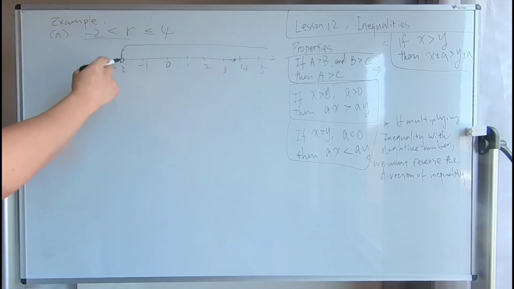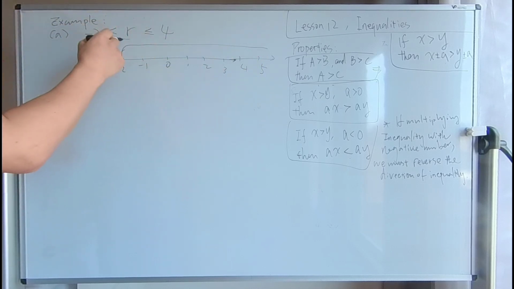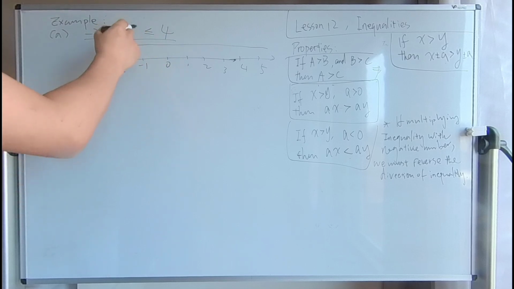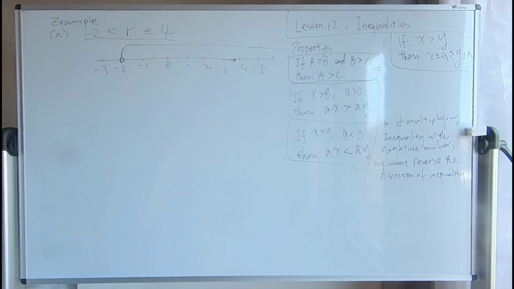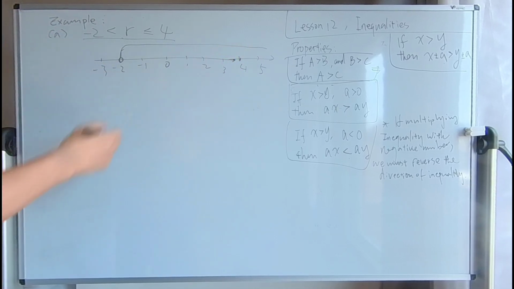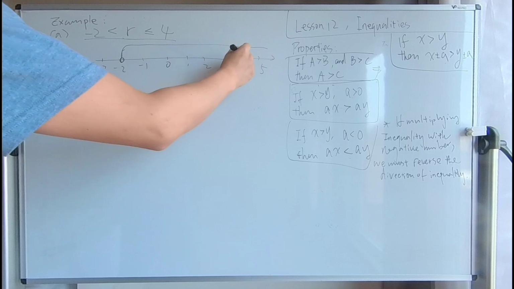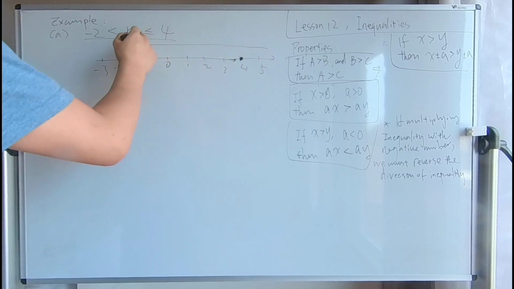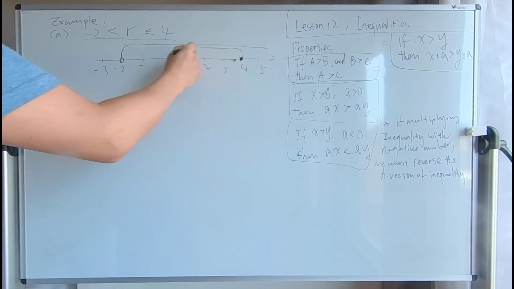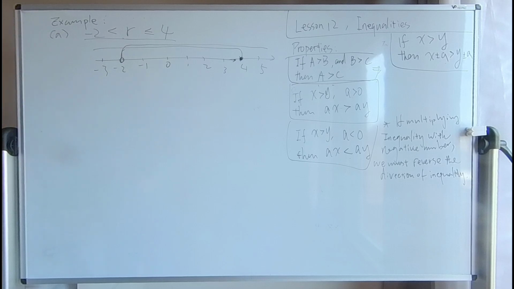Go all the way to the right. So this is the first part, but we have the second part of this: r is less than or equal to 4. So this is non-strict. It's less than or equal to, so I'm using a solid dot. And it's less, so it goes to the left-hand side of this number.